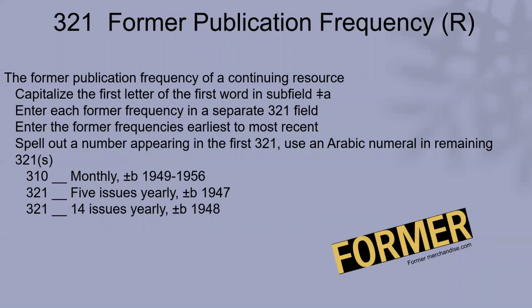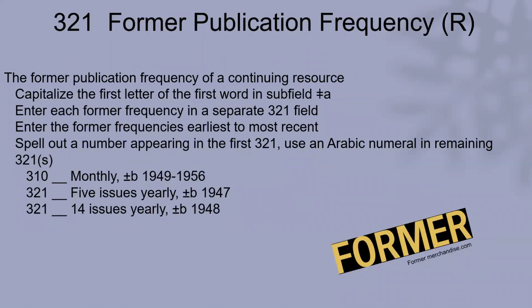Okay, the 321, or the former publication frequency. This particular one has some capitalization rules. What you want to do is capitalize the first letter of the first word in the subfield a.